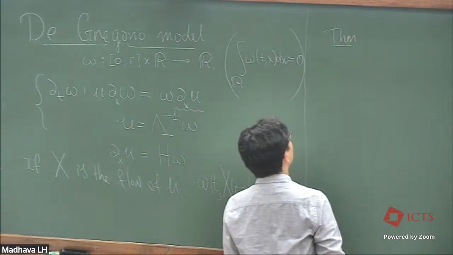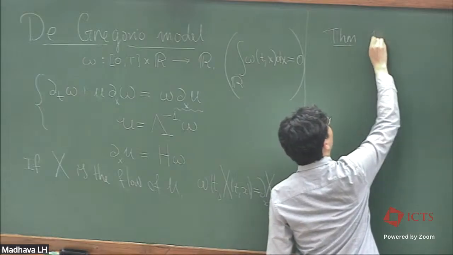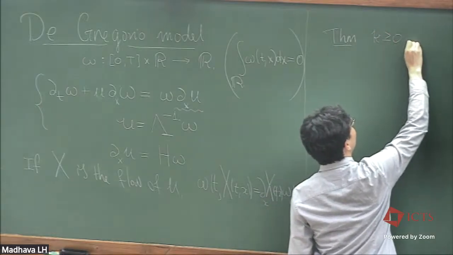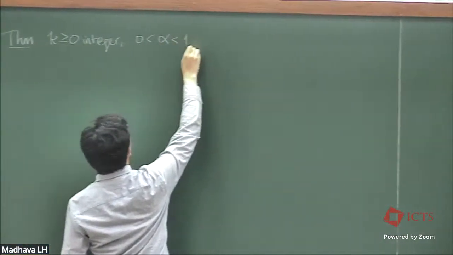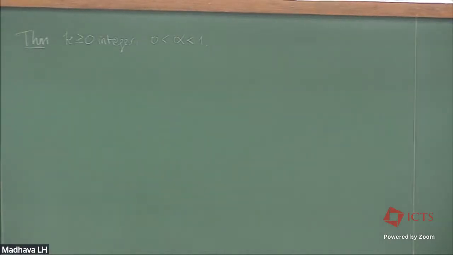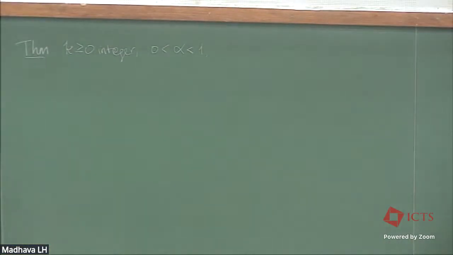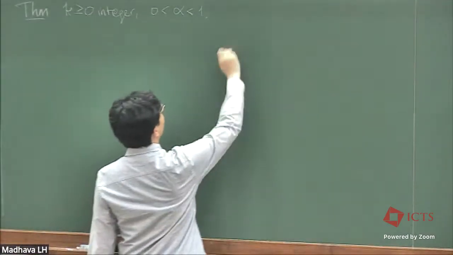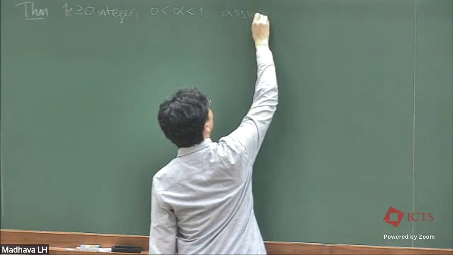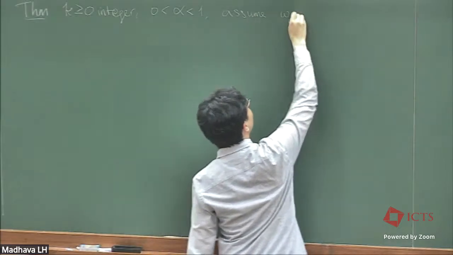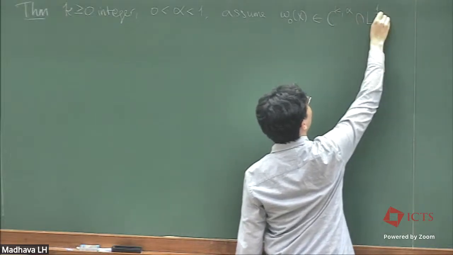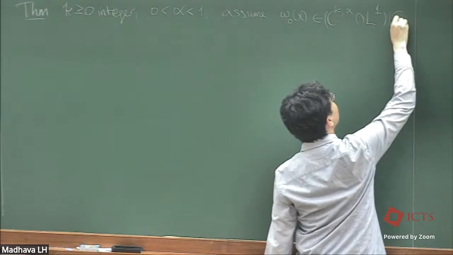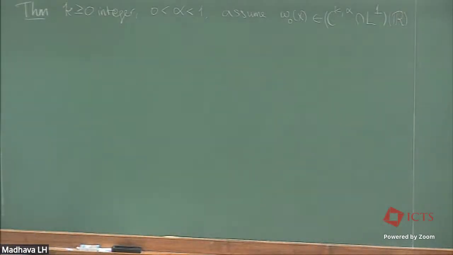So, okay, let k greater than 0 integer and alpha between 0 and 1. And assume omega 0, the initial data, belongs to C^{k,alpha} and also L1 in R. So this condition is not necessary.